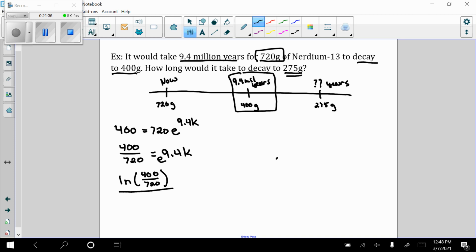I know I'm going to need to divide by 9.4. That's going to equal K. I get K as negative 0.063. So that's the K rate of 6.3% per million years.